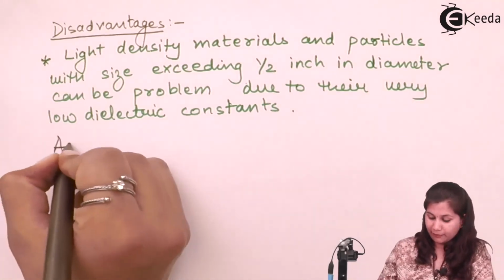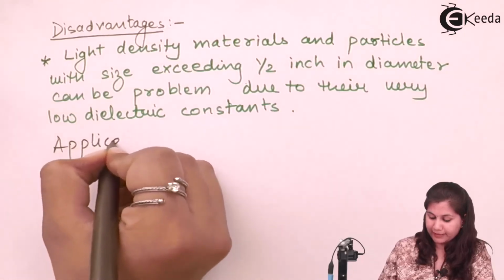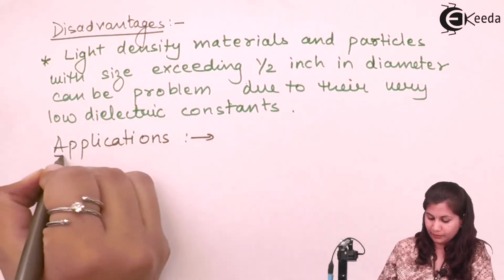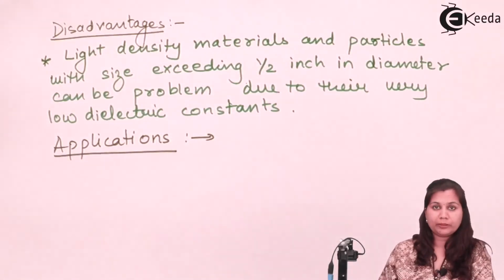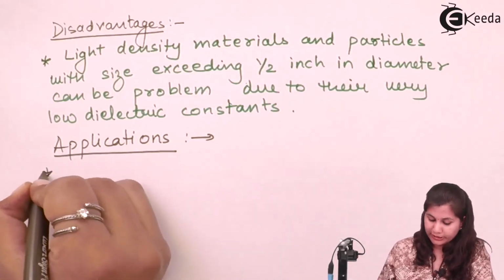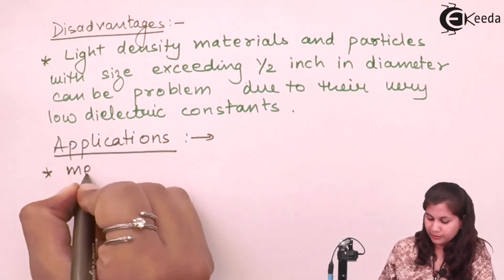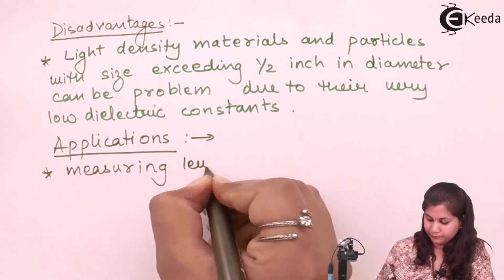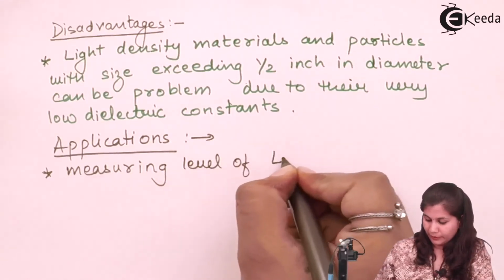Now let us see some of the applications of capacitance level sensors. As we are using them for the measurement of level, they can be used for measuring level of liquids.